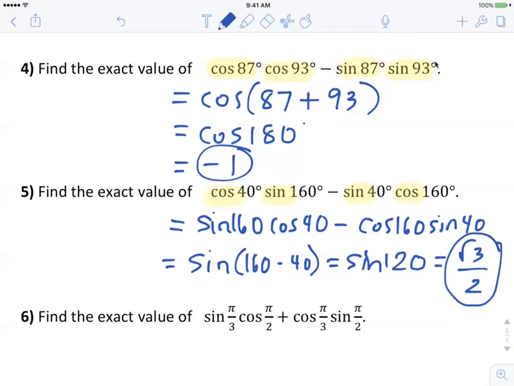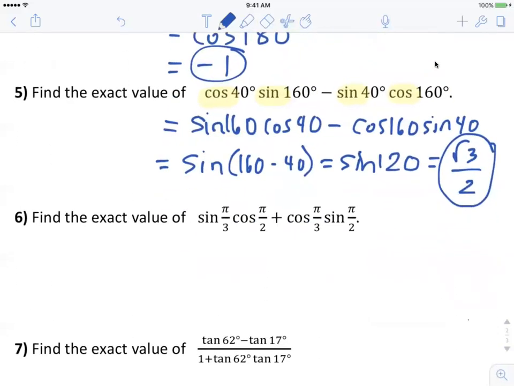Okay, continuing on, looks like we have another one that's sine, cosine, cosine, sine with the angles reversed, but it's a plus. So this is going to be equal to the sine of the angles added together by that identity above on the first page. Okay.